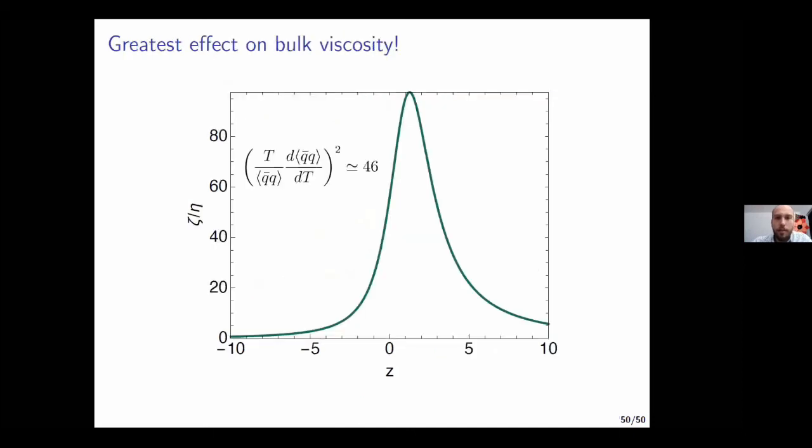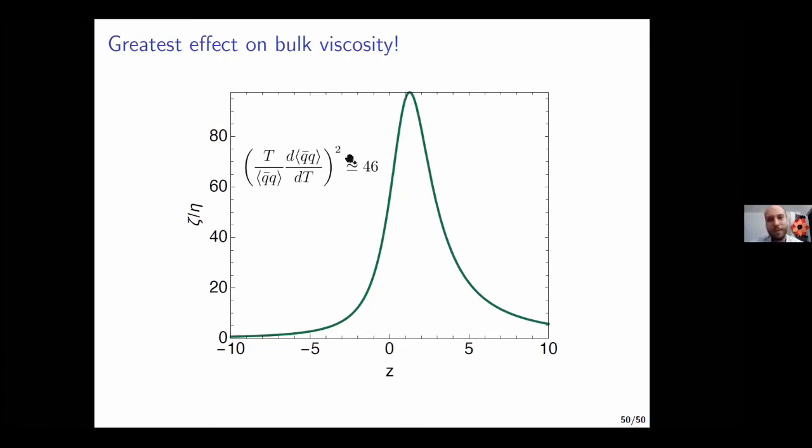And you can see this further by taking a look at this plot here. This is a plot of the ratio of the bulk viscosity over the shear viscosity. And what you see is that the difference between them, especially in the region of the phase transition, is quite significant. This is illustrative.